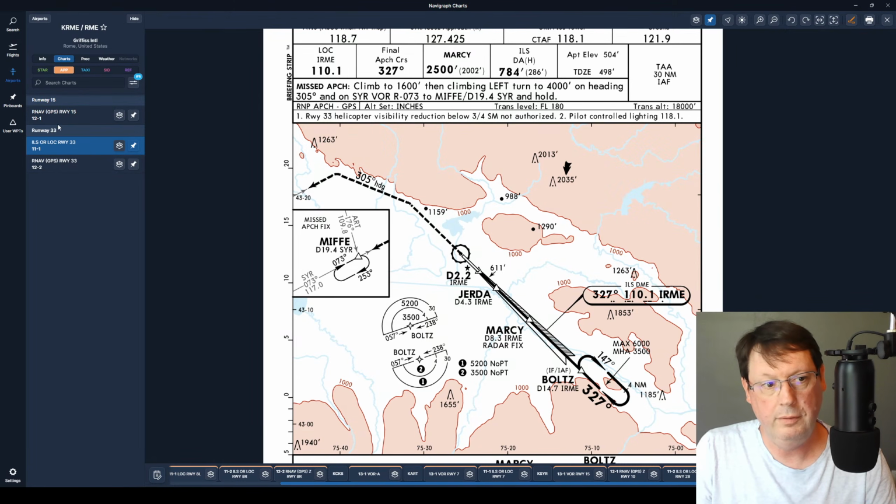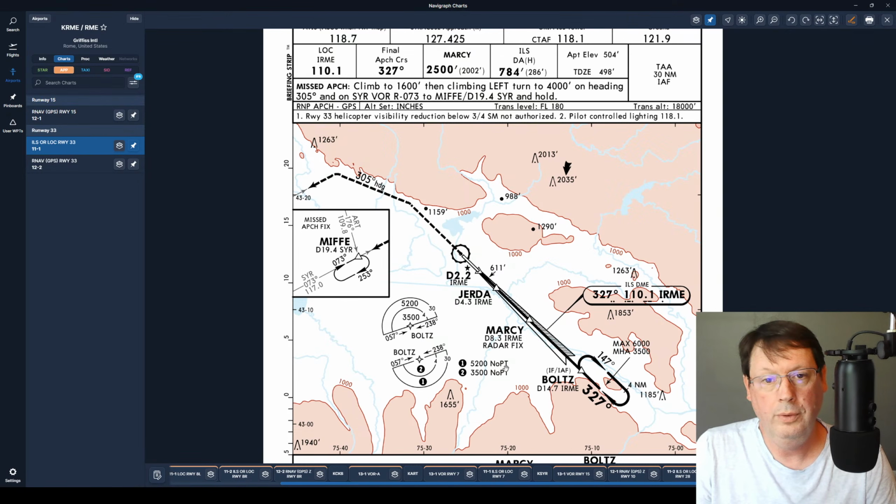There used to be a VOR 15 approach, which was pretty helpful because if you want to land, let's say the winds are favoring runway 15 and you only have an ILS or a localizer receiver in your airplane, you don't have GPS, you can't fly the RNAV GPS runway 15 approach unless you have an IFR certified GPS. So if you don't have an IFR certified GPS, you're sort of out of luck.